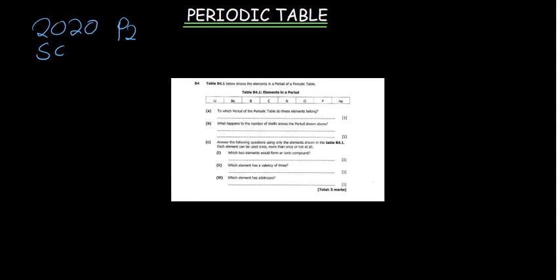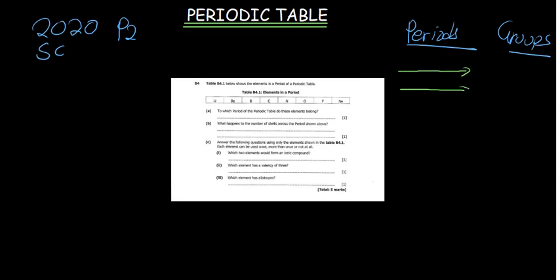When you're talking about periods, we have these two words, periods as well as groups. Now, how do we differentiate these two? In talking about periods, we call them horizontal rows.